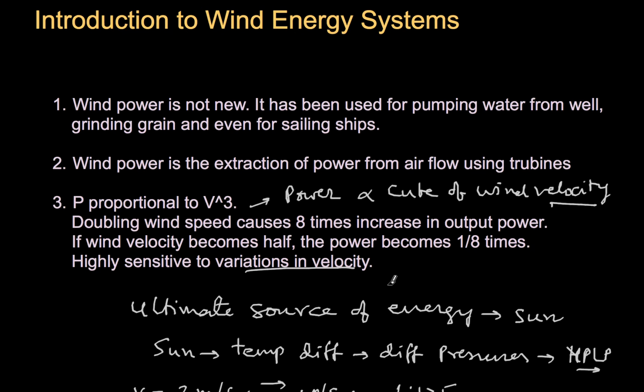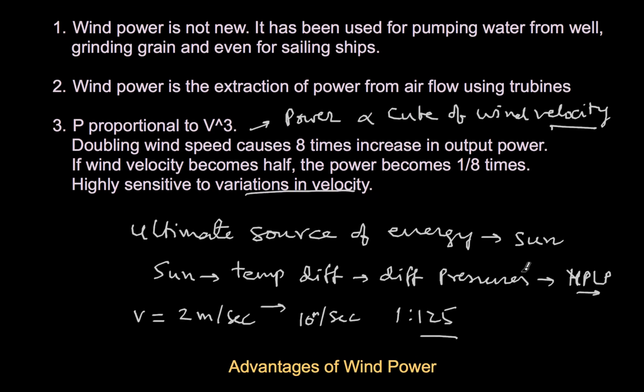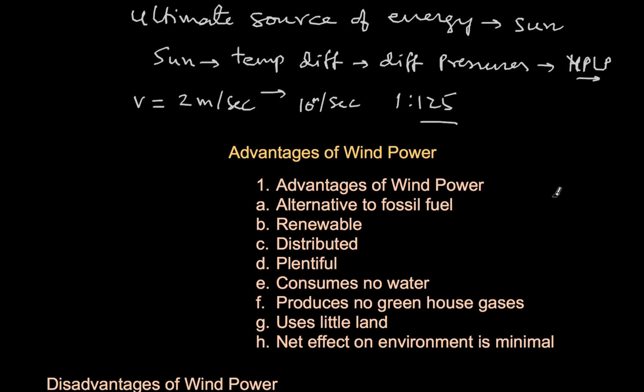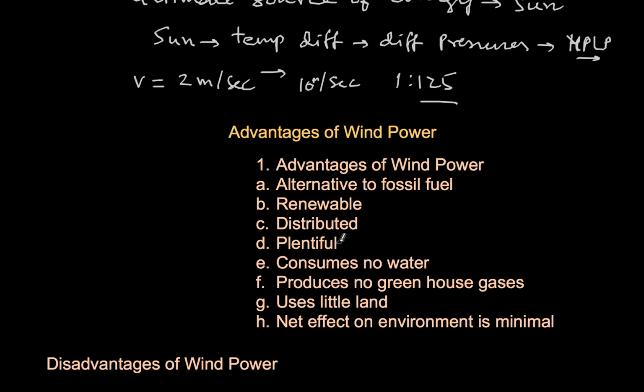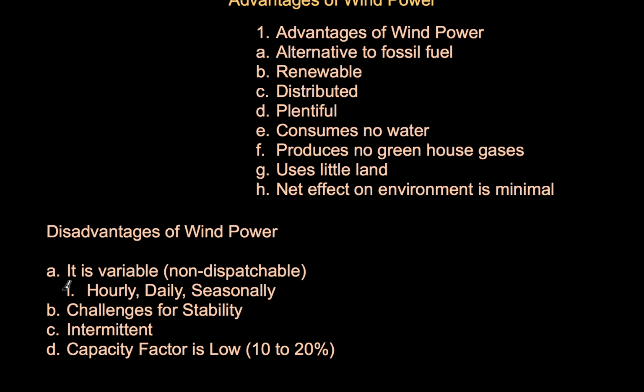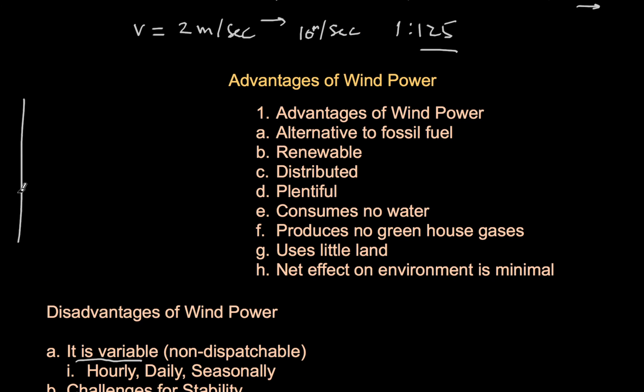If the wind blows constantly, the output power would be constant. But the moment there is a variation in the wind, the variation in the output is one of the problems. Here we were talking about advantages, but when you come to disadvantages, the first disadvantage is variability. If on the x-axis I take time, and this is the wind velocity, let's say the wind velocity is normally 5, and then there are some variations like this in the wind velocity.